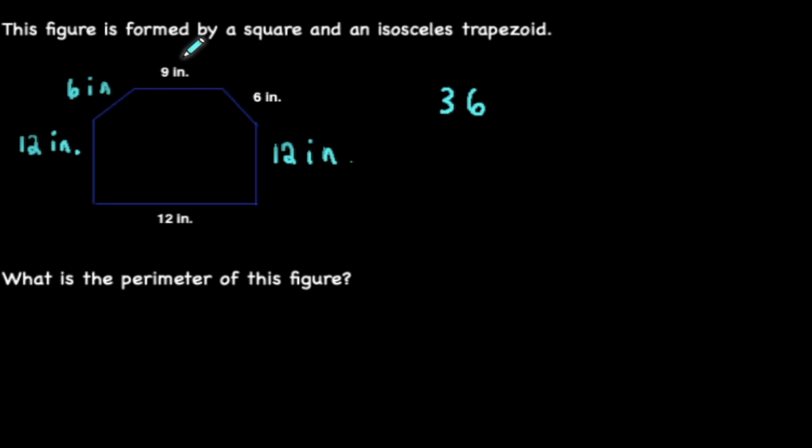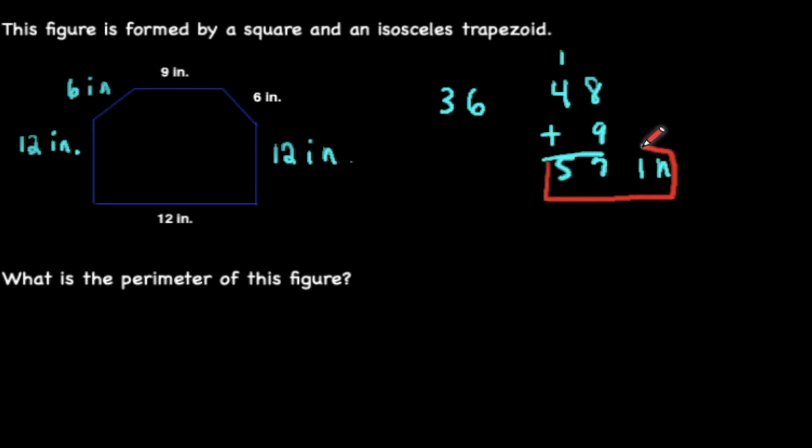And then 48 plus 9 is 57 inches. So the distance around this figure, or the perimeter, is 57 inches.